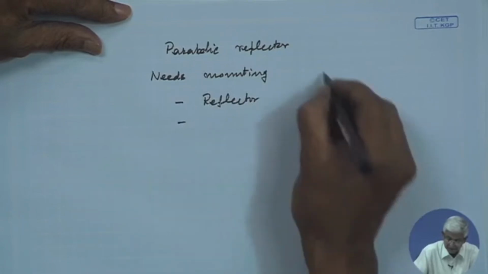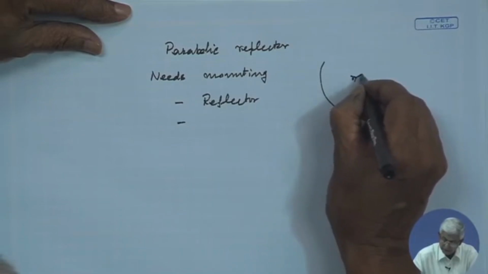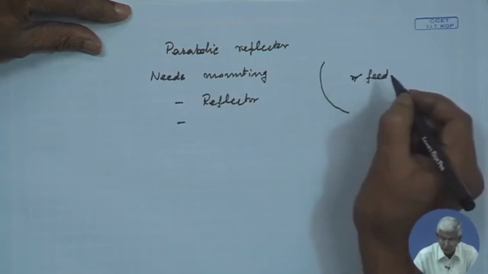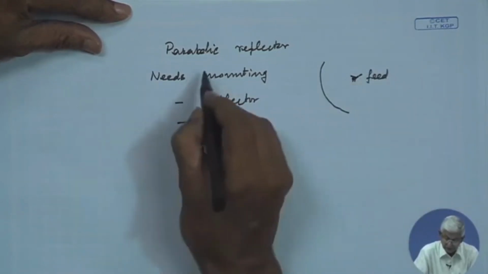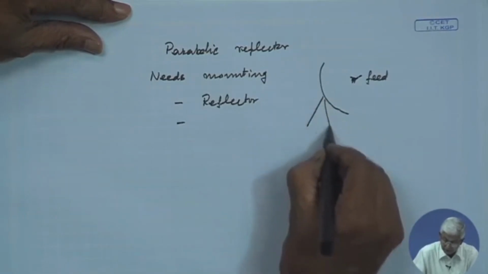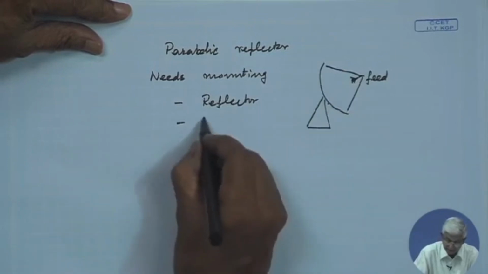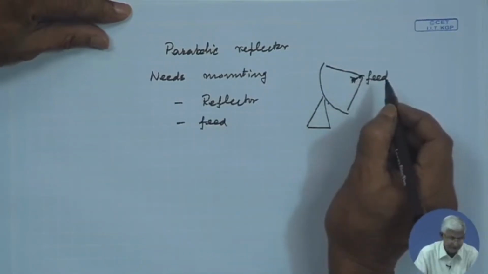This is a reflector, so at the focus there has to be a microwave radiator which we call feed. It could be in the form of a horn or dipole, but generally a horn is used. So, the mount has to hold the reflector, and also it has to hold the feed. Feed cannot float in the sky, so feed has to be held.